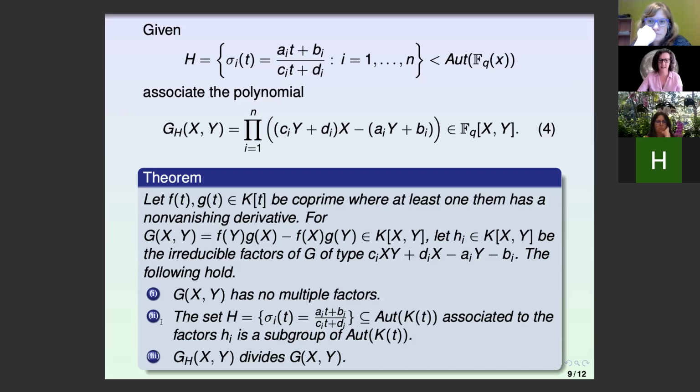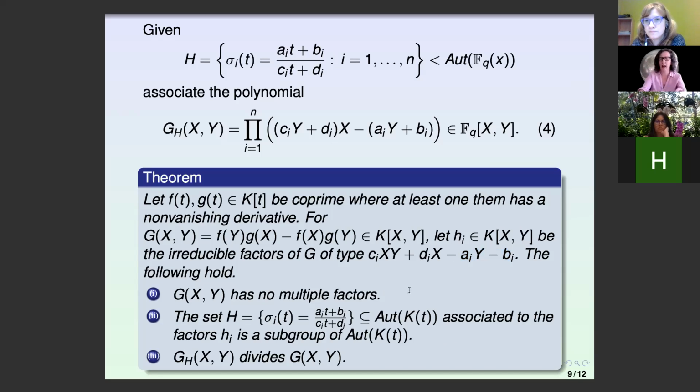The very nice thing that can be proved is that the set H given by sigma_i(t) equal to (a_i t + b_i) over (c_i t + d_i), like we had in the beginning, is a subgroup of automorphisms of K(t).